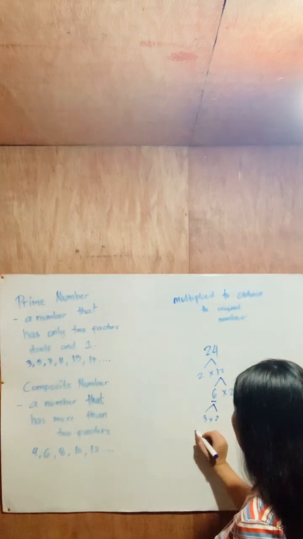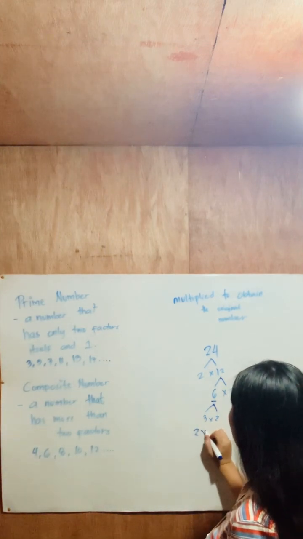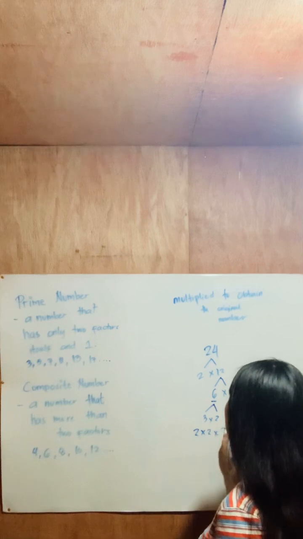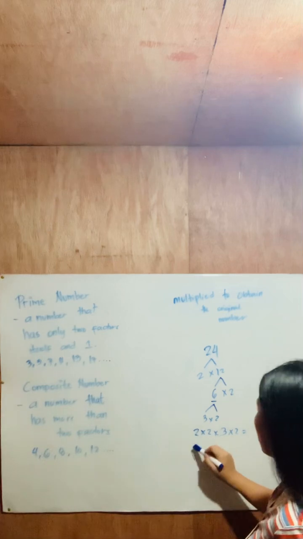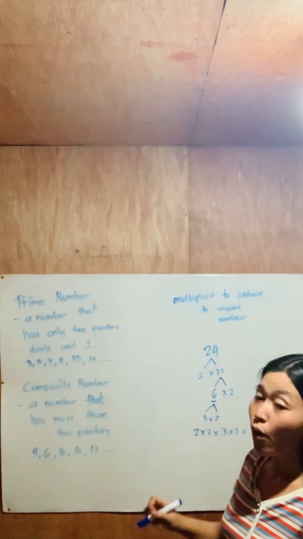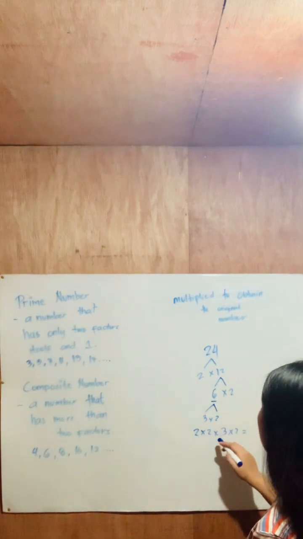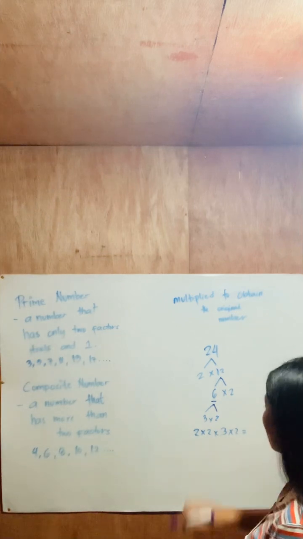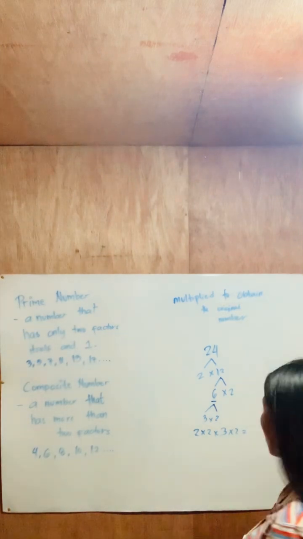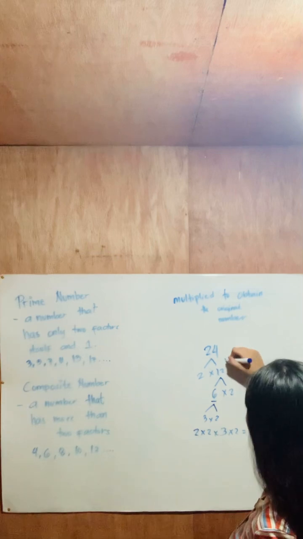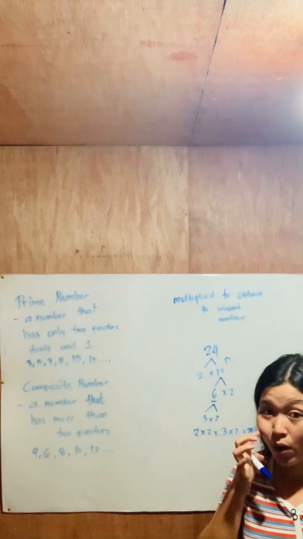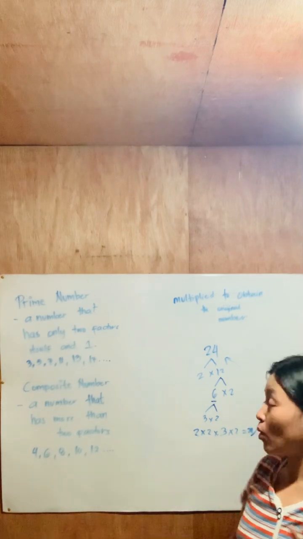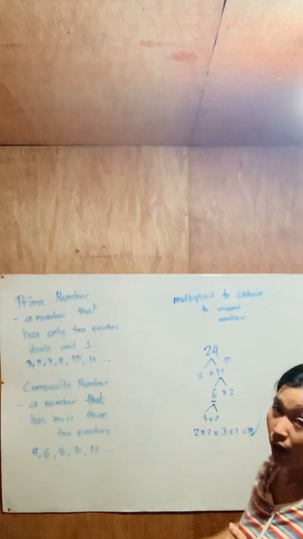So let's write it up. 2 times 2 times 3 times 2: 2 times 2 is 4, 4 times 3 is 12, and 12 times 2 is equal to 24. So 24 is correct.